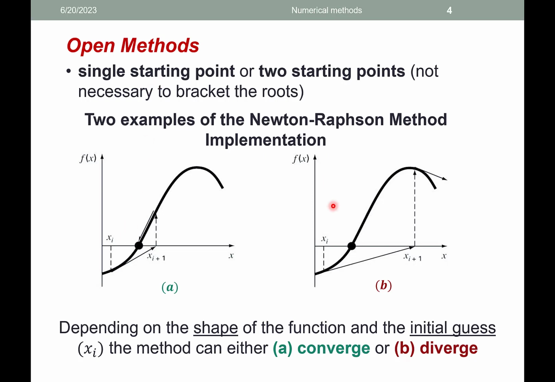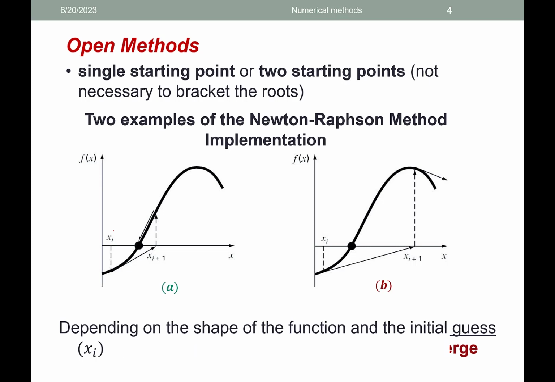So here we have two implementations of the Newton Raphson method, and you can see that, unlike the bracketing methods, in the open methods the method could diverge. Here A is an example where the method is converging, and B is an example where the method is diverging. So let me show you more closely how that looks.